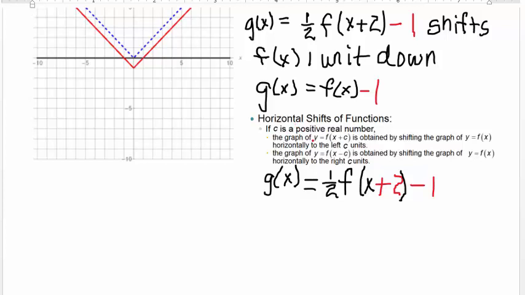If c is a positive number, y equal f of x plus c is obtained by shifting the graph of y equal f of x horizontally to the left c units. So g of x shifts f of x two units left.